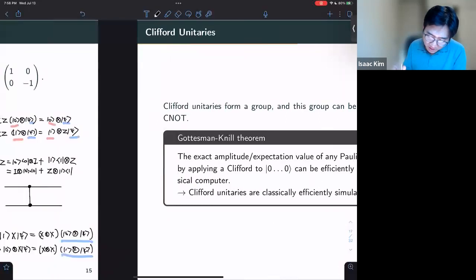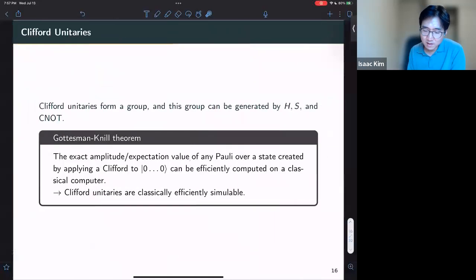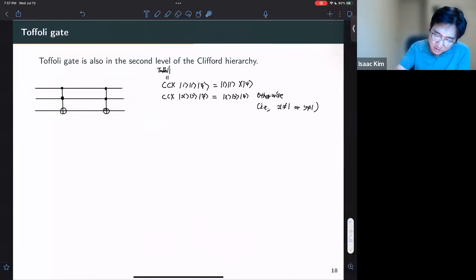Here I conjugated the single qubit Pauli by a C0 gate, and in doing so, I started with some very specific state, which is nicer to analyze. In this case, we can do the same thing. I can stick in the single qubit Pauli X here.